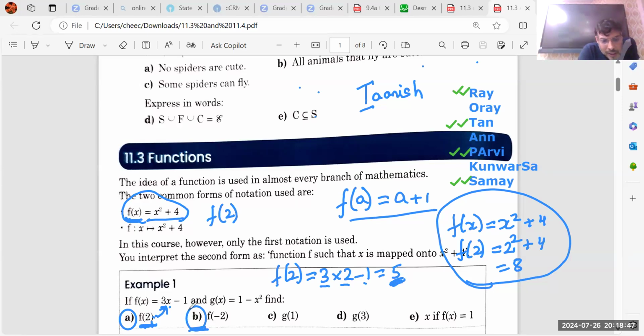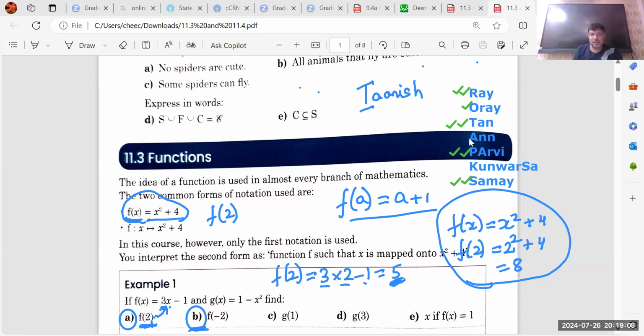So now you just have to put minus 2 in place of x. X will be replaced by minus 2. So x will not remain in the equation. And now is it correct?